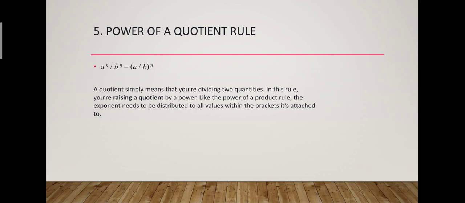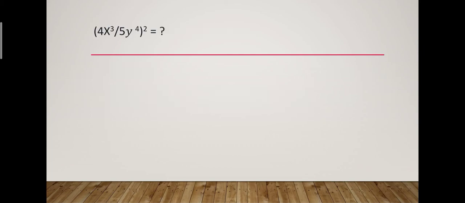In this rule, you're raising a quotient by a power, like the power of a product rule. The exponent needs to be distributed to all values within the brackets it's attached to. For example, the quantity of x divided by y to the fourth is equal to x to the fourth divided by y to the fourth.